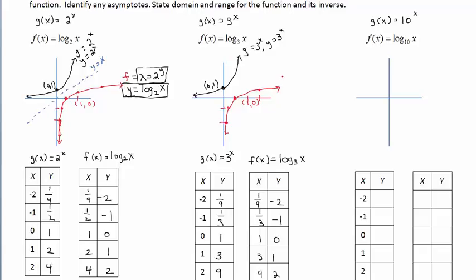I'm going to label this my f graph right here. Draw arrows on the ends to suggest that the graph continues, reminding us that these two are inverses because there's symmetry with the line y equals x.